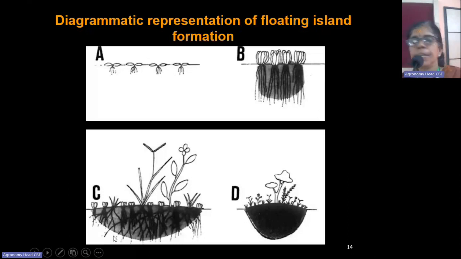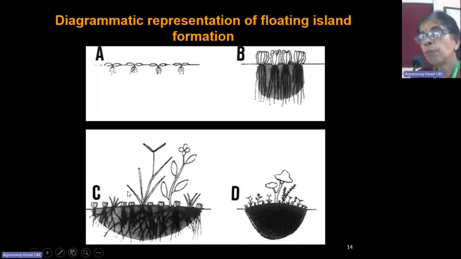Then in the next phase, some of the annuals will colonize over the Salvinia. Some annual grasses and even dicots will colonize over the Salvinia. And then the seeding of these plants will happen.